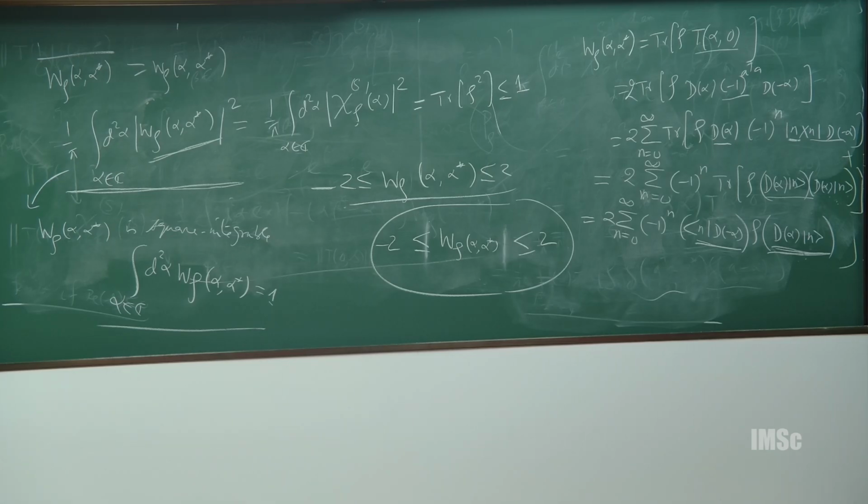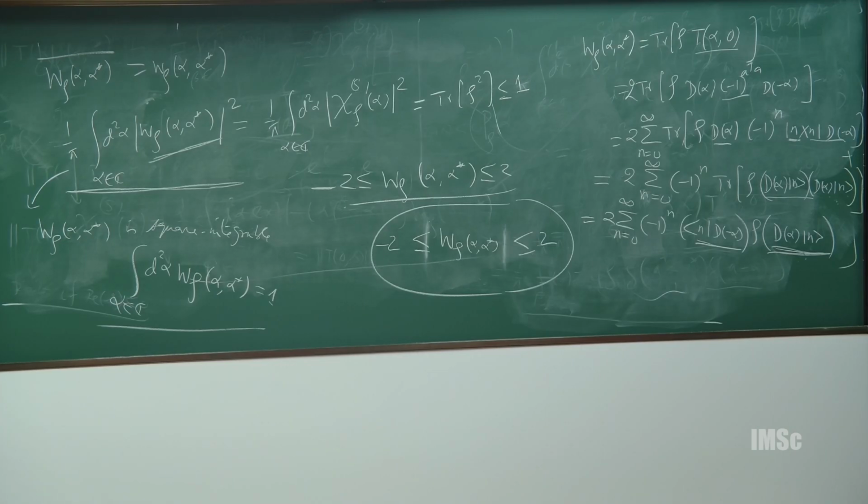In fact, more than that, as we mentioned some time back, you can also express it as a function of the quadrature variables, where your alpha is equal to (x plus i p) by root 2, and alpha star obviously is equal to (x minus i p) by root 2. So, these are real variables.